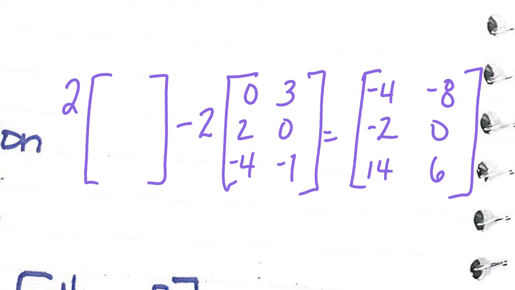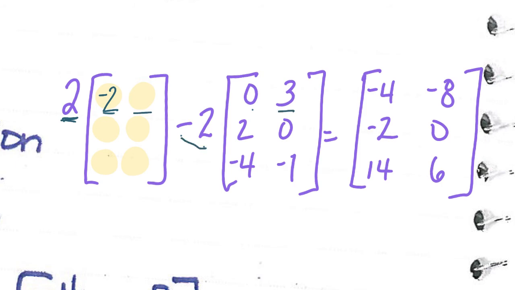So we want to fill in all of these. 1, 2, 3, 4, 5, 6. Looks like a domino. So it's saying 2 times what minus 2 times 0. Well, that's 0. So 2 times what is going to give us a negative 4? That's a negative 2. 2 times what minus 2 times 3.